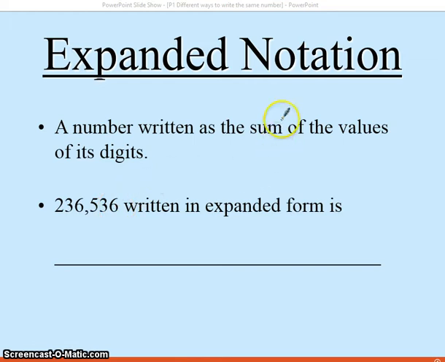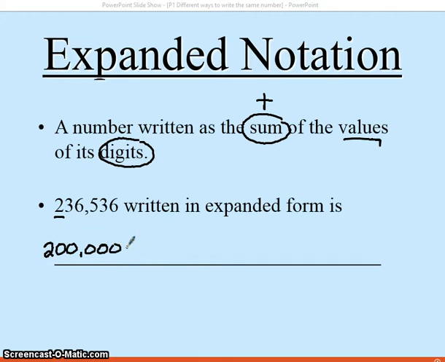We want to write them as the sum, which means to add, of the values, which means how much it's worth, for each digit. So if you look at this 2, the 2 is in the 100,000s column. So that literally means 200,000. That is the value of the 2, the value of the digit.